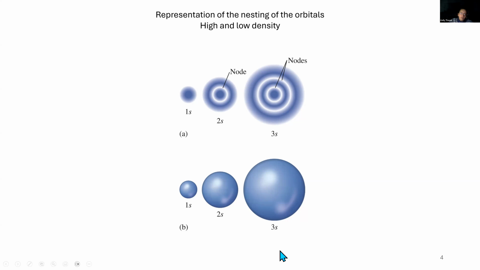But as we are drawing these, we can see that they're in fact nested inside of each other, and they could have some nodes of density in them, as is being shown here. But when you look at it as the spherical shape, you don't necessarily see that. So the density is a complicated thing.